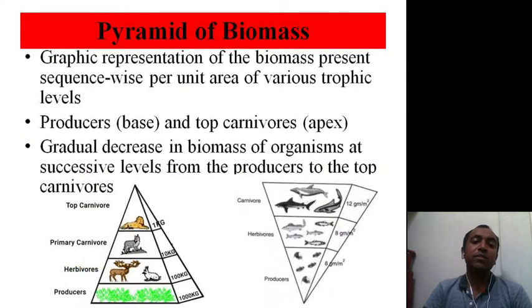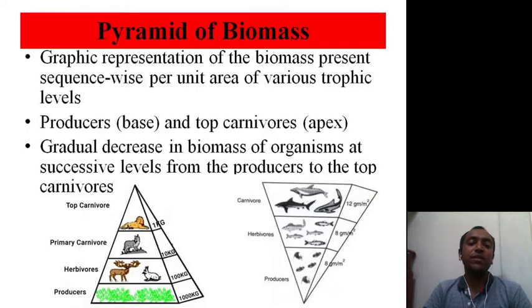Let us see the pyramid of biomass. So biomass is basically the amount of living matter present in an organism. So it's a graphic representation of the biomass present, sequence-wise, per unit area of various trophic levels. Now if you see the figure towards the left, the producers are obviously larger in number, as we have discussed in the previous slide. Now their biomass is also high.